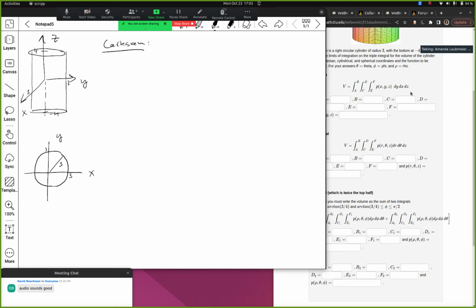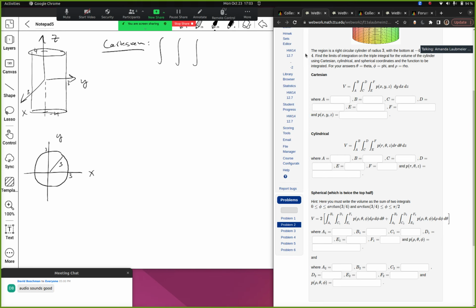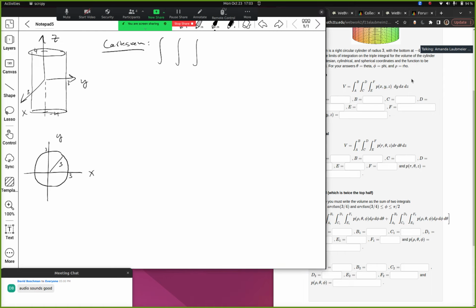So for Cartesian coordinates, we're just looking to set something up. Do they say we need a special function? No, we're finding the volume. So this p of xyz is just whatever you have to put inside to integrate it. It's going to be where our change of variables for dV goes. But there is none.